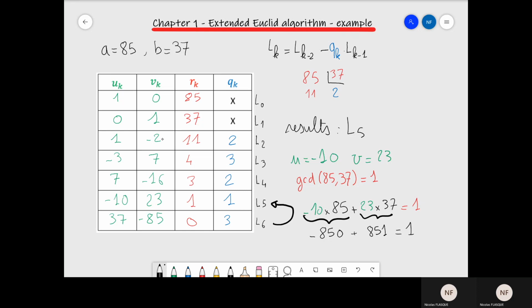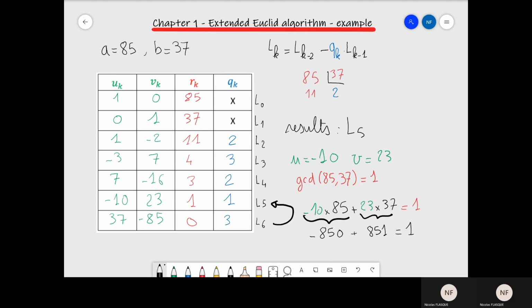One is positive, the other is negative. So if on some line you find two coefficients that have the same sign, then the calculation has gone wrong. So you can stop and start again. If one of the coefficients is 0, then the calculation also has gone wrong.